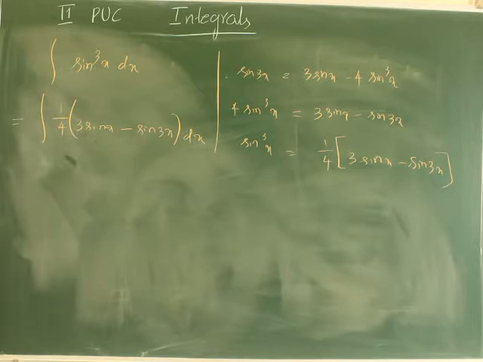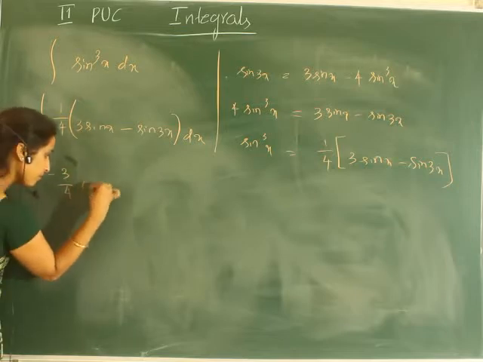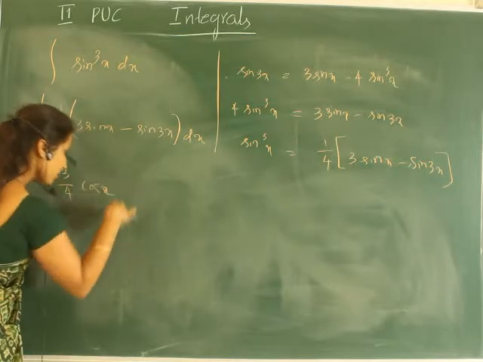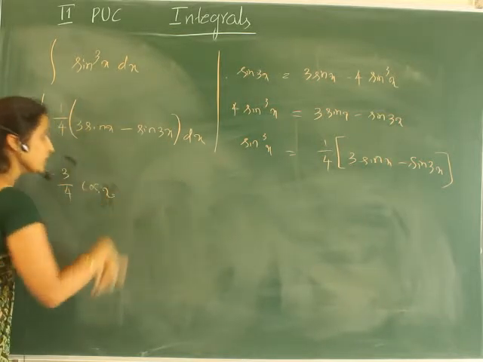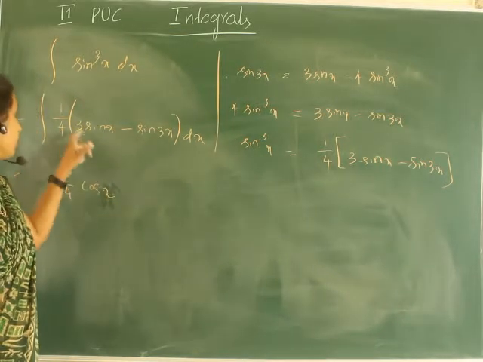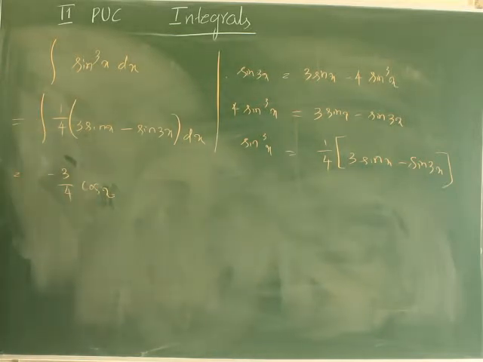So that will be equal to minus 3 by 4 cos x, then minus 1 by 4 as it is sine 3x. The integral of sine x is minus cos x, but for sine mx, or sine 3x, it is minus cos 3x by 3.